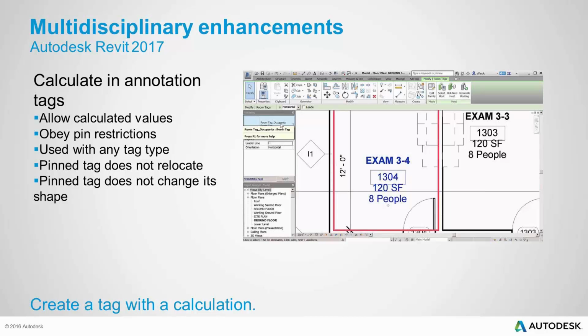A few other enhancements to tags include the way that they behave when they're pinned, where the tag doesn't move anymore when you don't expect it to, and dragging and dropping behaves much more predictably. The idea here is to make documentation much easier for you, because that is the bulk of people's time, and we really don't want you to be spending a lot of time documenting your models. We want you to be modeling things.